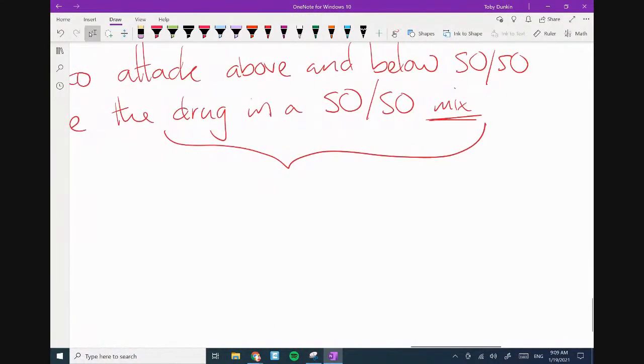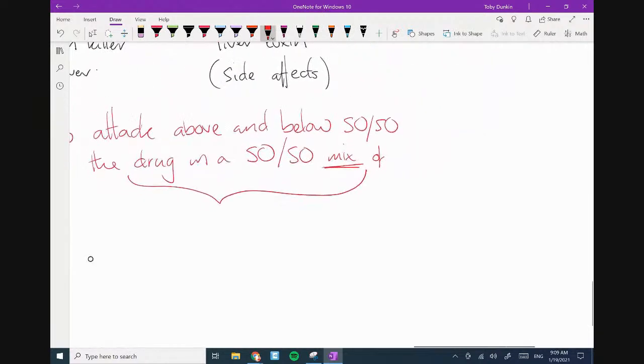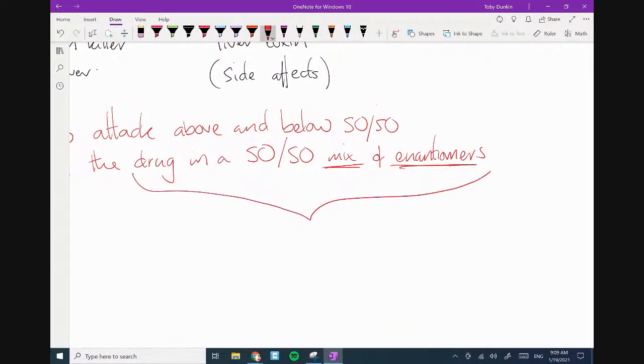But we make a 50-50 mix of enantiomers, and this is given a name. A drug in a 50-50 mix is called a racemate. Don't ask me why.